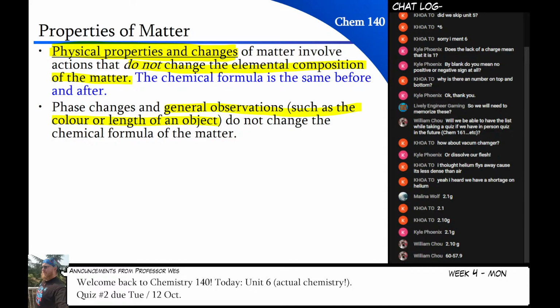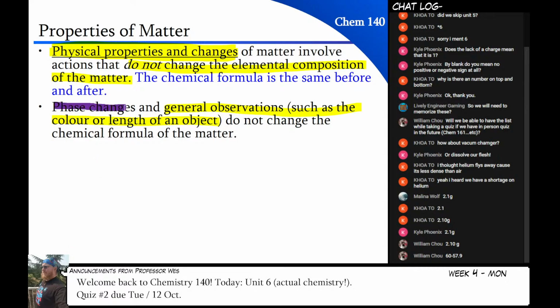Likewise, if I turn on the faucet and put my hand in the water and go, "That's hot," me noting the temperature of the water does not change the fact that it's water. So anything that's a general observation, which you can determine either by looking at it or measuring it with some sort of tool, is going to be a physical property.